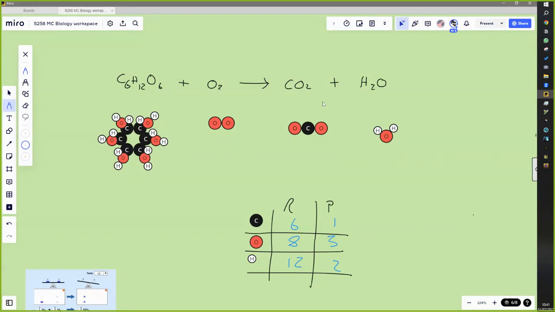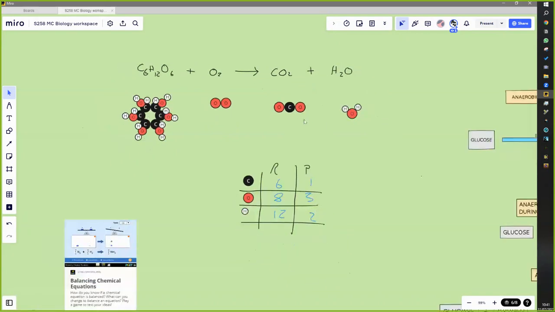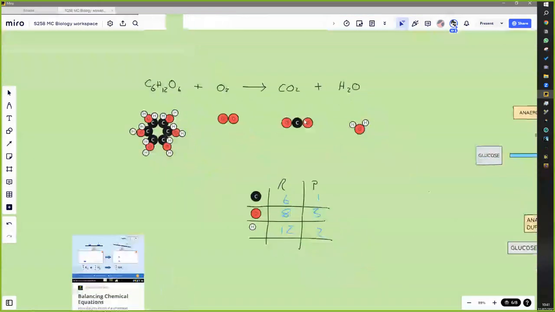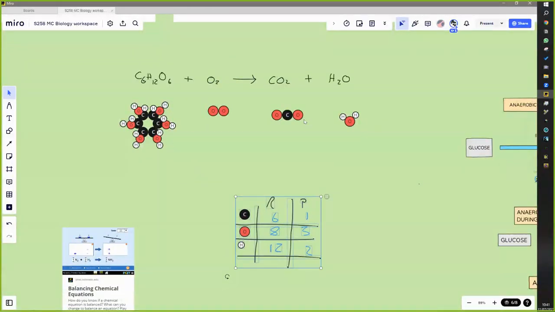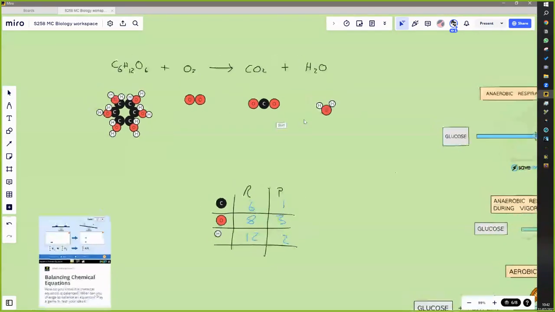So what do we do? Well, the trick to balancing equations is to try to balance one substance at a time, one element at a time. That's one of the tricks anyway. And then reassess, look at how everything is after that. So maybe we want to start off by balancing the carbons. The way we would do that is by producing more of these carbon dioxide molecules.